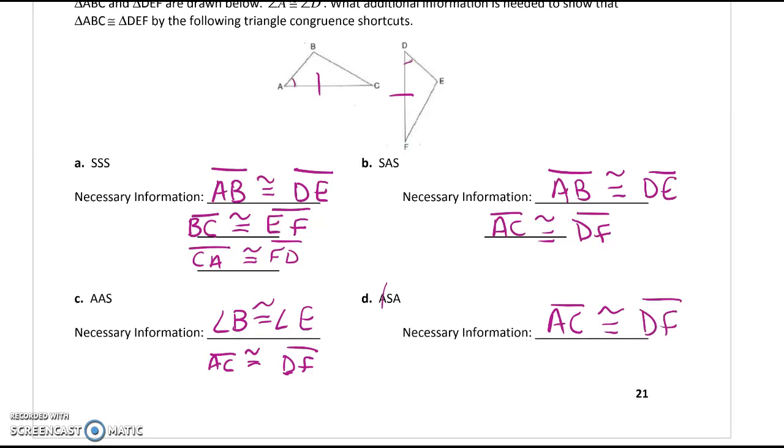Okay? And since the side is in between the two angles, the next congruent angle has to be C and F. Okay? Do you see how it's angle, side, angle? So, angle C is congruent to angle F.